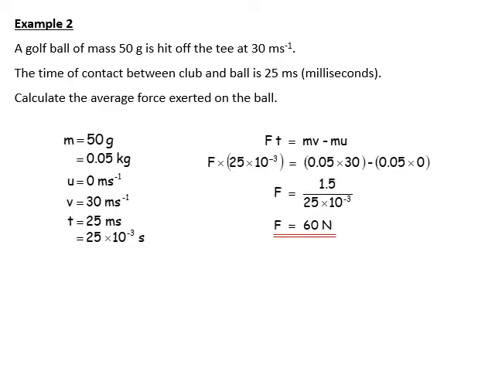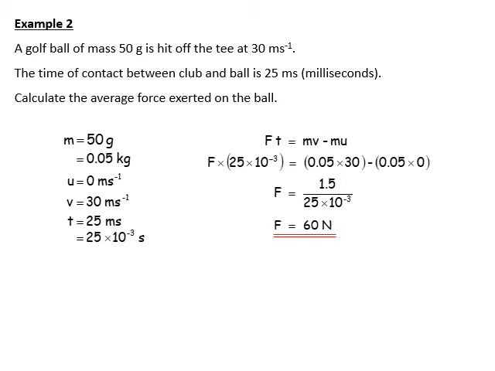Let's look at another example here. This time we're hitting a golf ball, 50 grams mass, off the tee at 30 meters per second. And there's a contact time between the club and the ball of 25 milliseconds. And we want to know what the average force exerted on the ball is going to be. So impulse, Ft, is equal to change in momentum, mv minus mu.